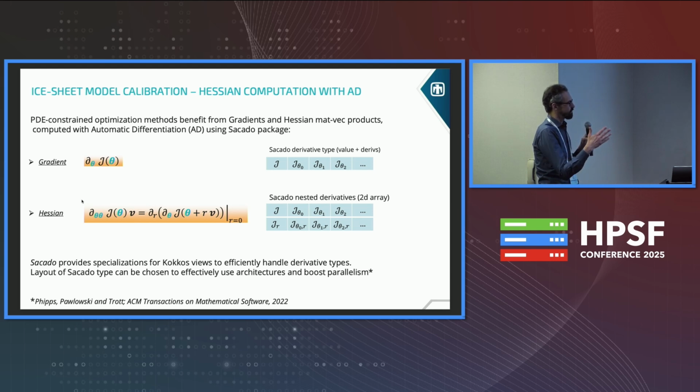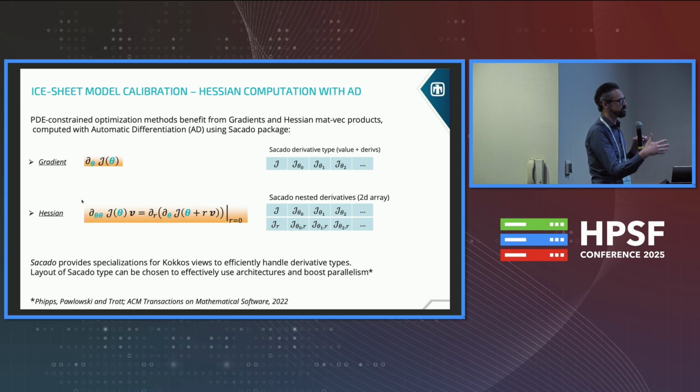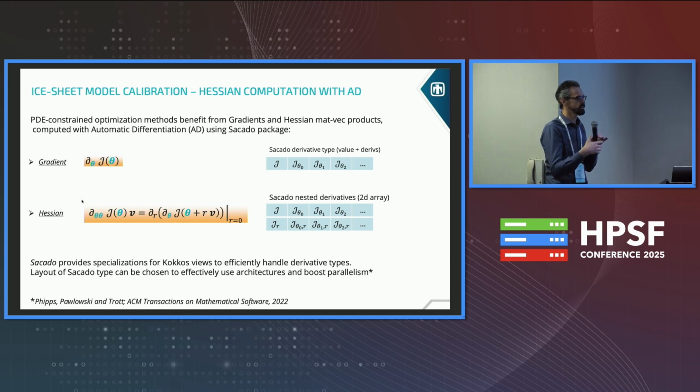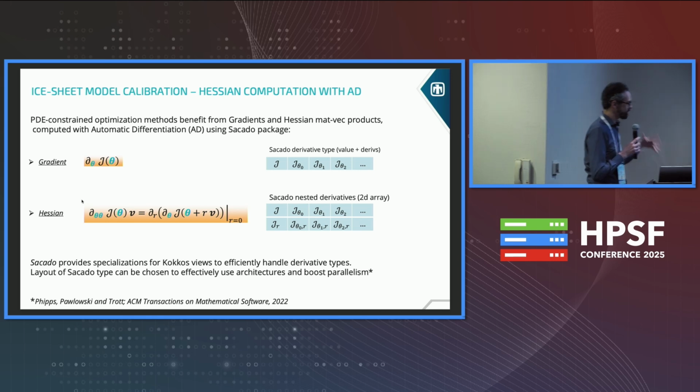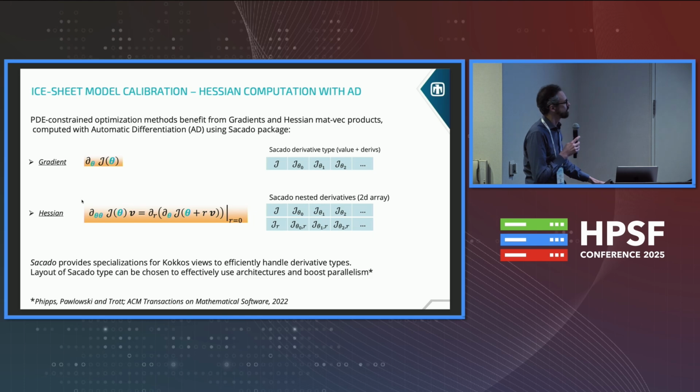Now, Sacado provides specialization for Kokkos views, so as to efficiently handle all these derivative types. It can be quite complicated, and you can ask Roger if you want. But you can lay out the derivatives in a way that's efficient for your architecture, in order to boost parallelism.